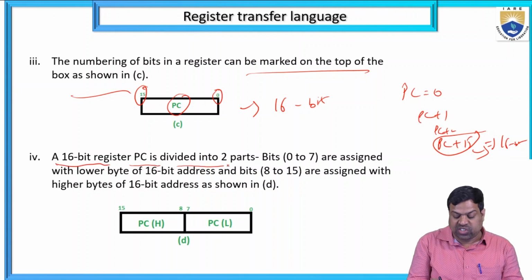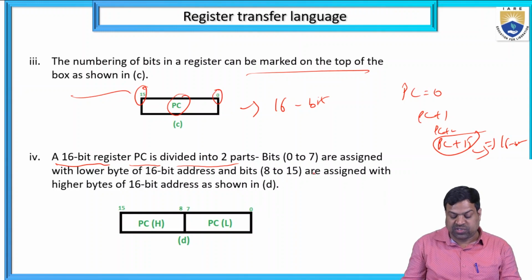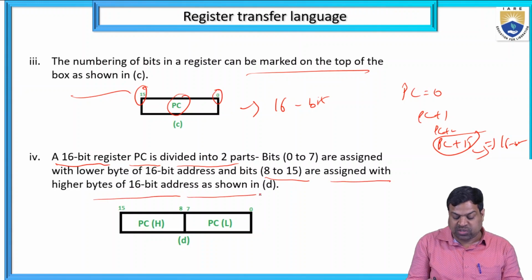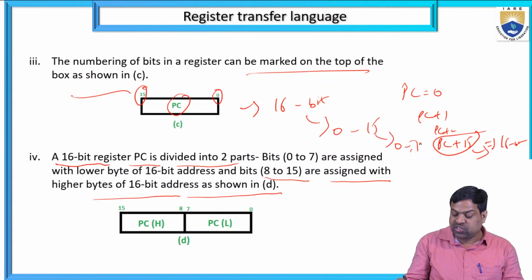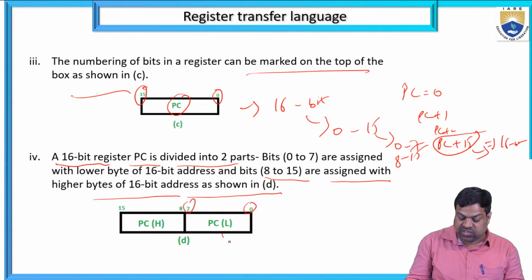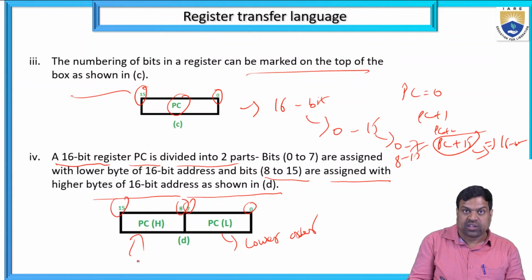register. The program counter is divided into two parts. Bits 0 to 7 are assigned to the lower byte of the 16 bit address, and bits 8 to 15 are assigned to the higher byte of the 16 bit address. Okay, so this 0 to 15 we are taking as 0 to 7 and 8 to 15. Here 0 to 7 is the lower order, and 8 to 15 I'm taking as the higher order.